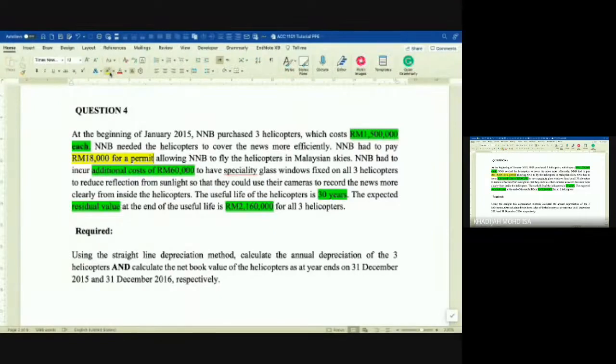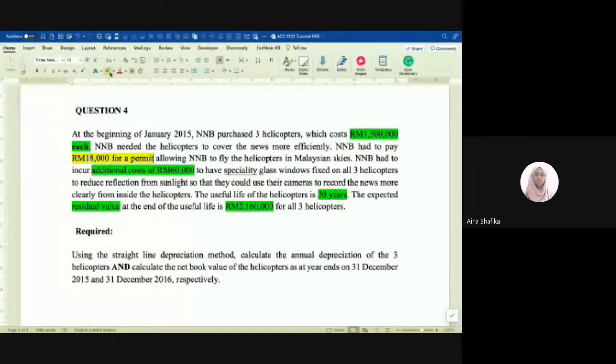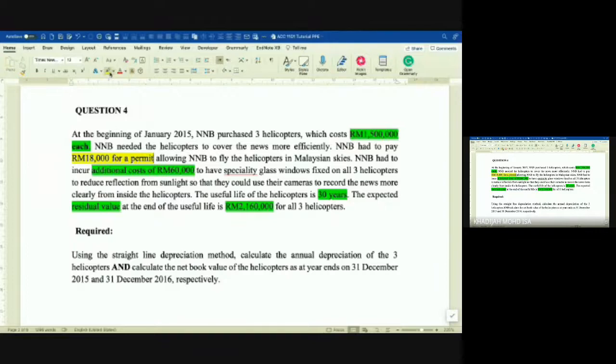Capital? Yeah, we want to decide. Okay, I just want to say that sometimes, helicopters here, you have 1.5 million each. You can have 3 accounts: helicopter 1, helicopter 2, helicopter 3.